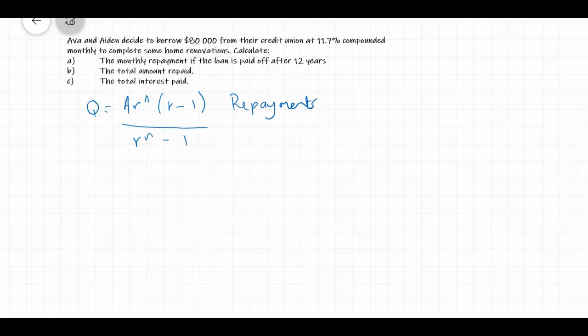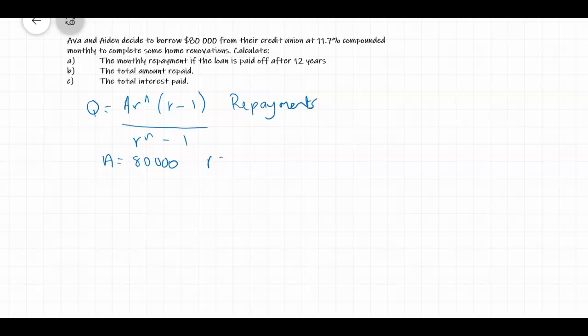All right, so in this formula, Q is going to be the repayment amount. A is the amount borrowed. So how much did they borrow? 80,000. So A is going to be equal to 80,000. R is our favorite friend.